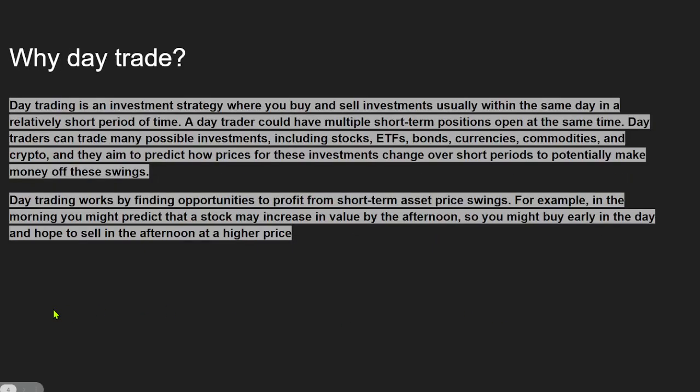So why would you even want to day trade? Why would you want to learn this skill? Right? So day trading is an investment strategy where you're buying and selling investments, usually like we talked about within the same day or a relatively short time. A day trader could have multiple short-term positions open at the same time. Okay, so you can be in multiple positions.